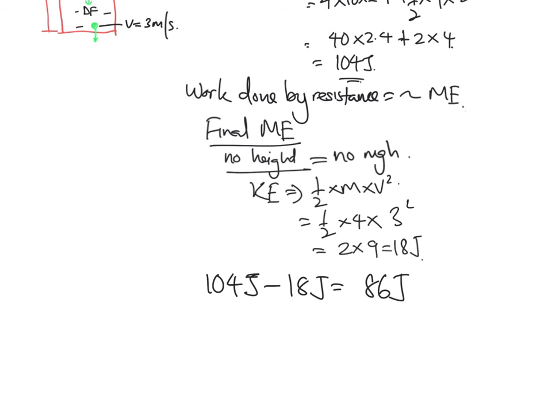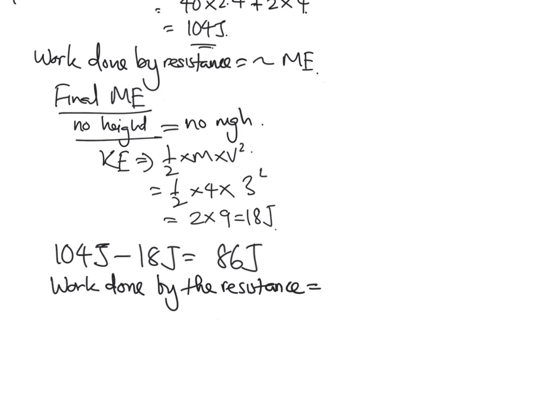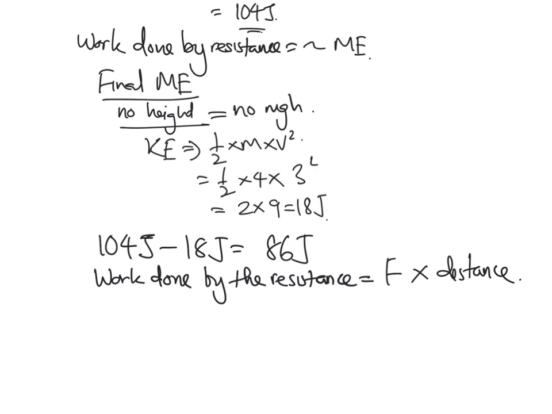So there is certainly a resistance, and we have to find what that resistance is. The work done by the resistance is equal to the resistance force times the distance, and we can see that the energy has reduced drastically, 104 minus 18, and now it's 86. So this 86 is the work done by the resistance, equal to the resisting force multiplied by 2.4, which is the distance.